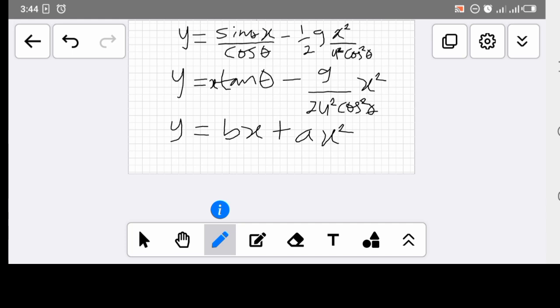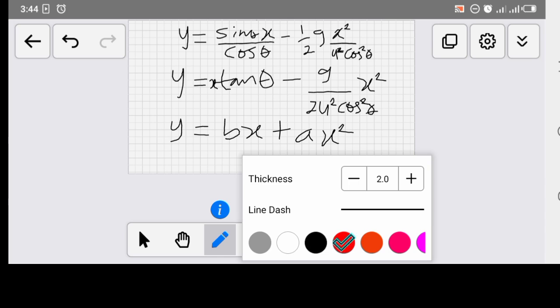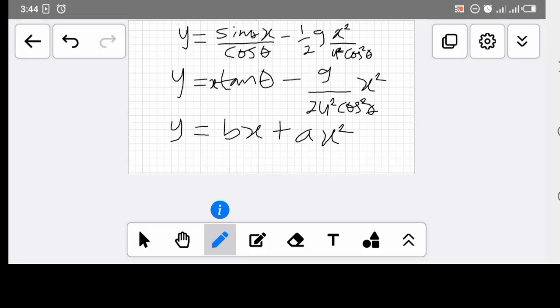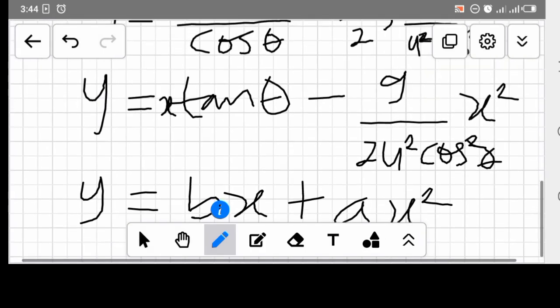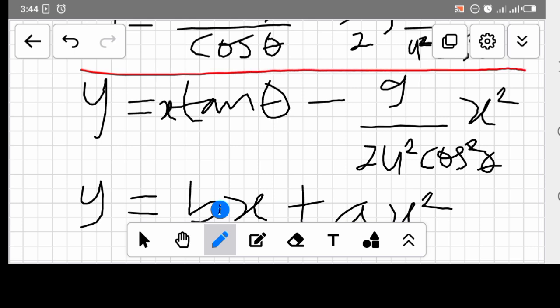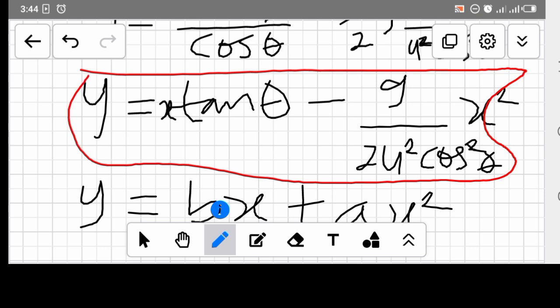So this already proved that the path of a projectile is parabolic. So this equation here is actually the path, or you call it the trajectory of a projectile. This is the equation to represent the trajectory of a projectile.